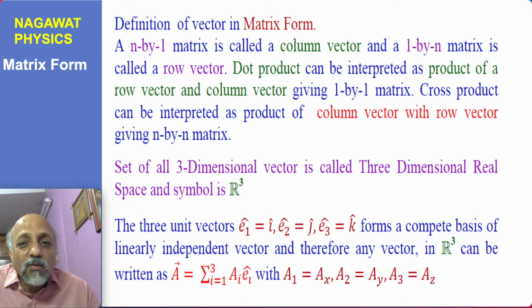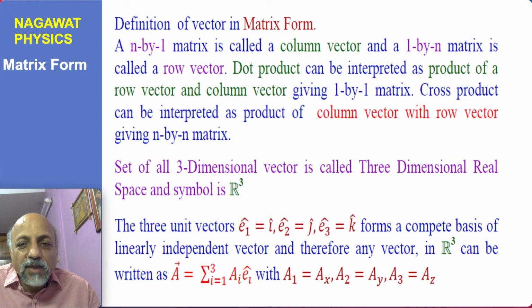The column vector matrix is n by 1, so there are n rows and 1 column, and the row vector matrix is 1 by n, so it has 1 row and n columns. Now the two products you can understand very easily when you express a vector in terms of column vector and row vector. The dot product can be interpreted as a product of a row vector into a column vector. So 1 by n into n by 1 will give you 1 by 1 after taking the product, if you understand matrix multiplication.